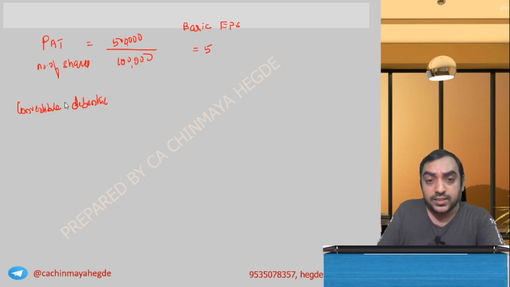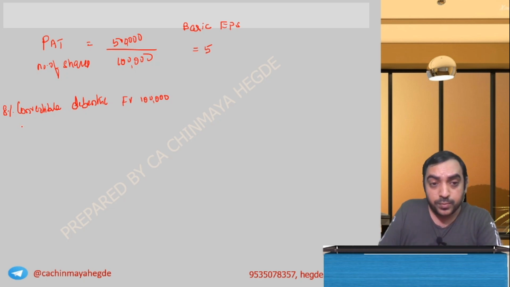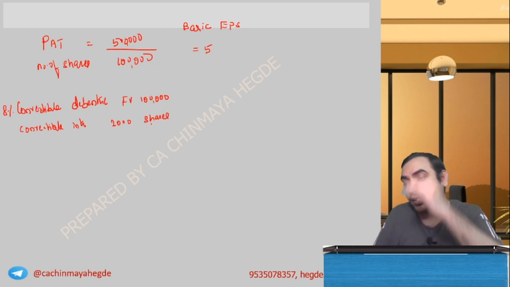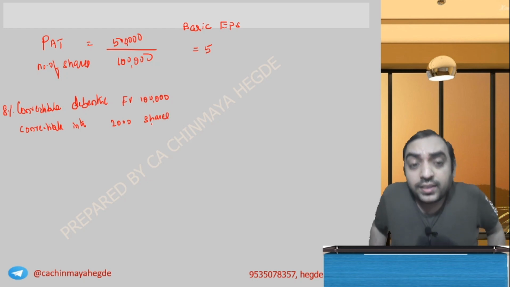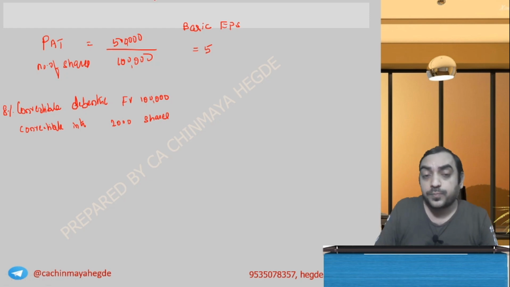Let's say it is 8% convertible debentures having face value of 1 lakh, and this will be converted into 2000 shares.